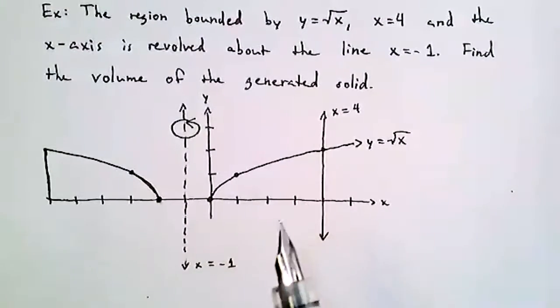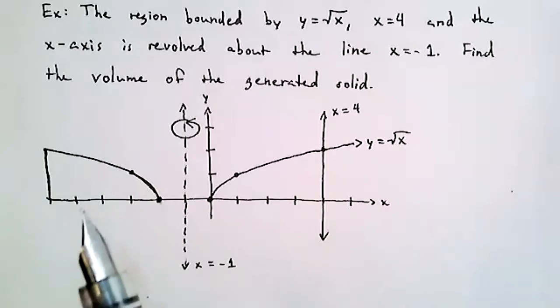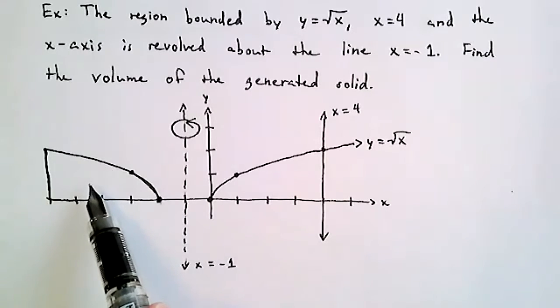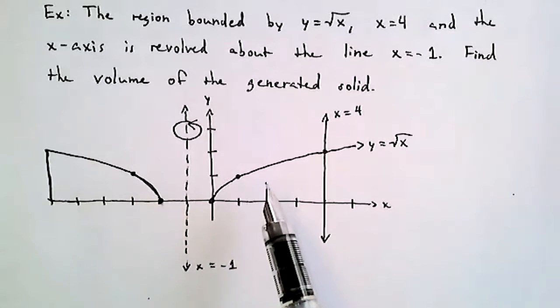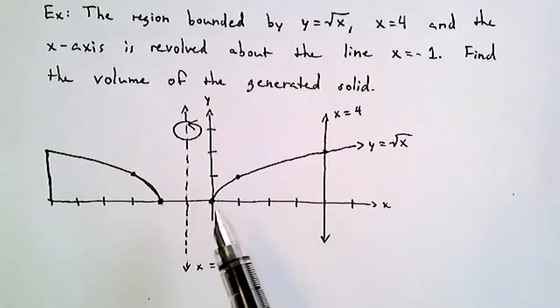So this will come out of the paper, making a three-dimensional shape, and then it's going to hit the paper again right here. It'll look like that. And then it'll go back down through the paper and come back to meet this again.